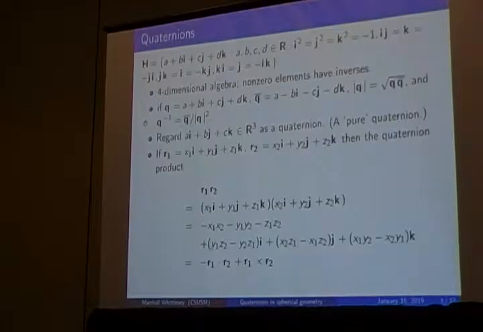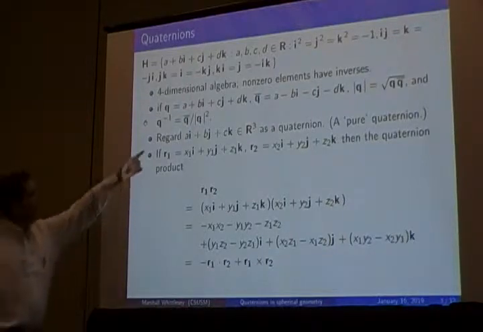On this slide, I have a number of things that I think are familiar to anybody who knows anything about quaternions, but just in case some people aren't, the quaternion algebra is a set of objects of the form a plus bi plus cj plus dk, where i, j, and k are all square roots of -1, and you multiply them in certain ways. ij is k, jk is i, etc. And you can multiply these quadruples together and get other quaternions.